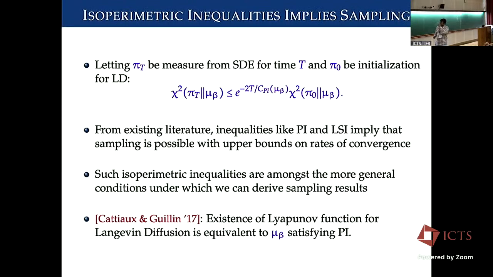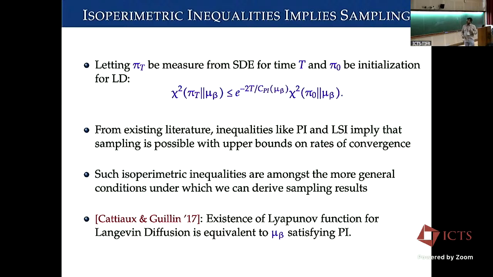And the nice thing is that if your measure satisfies the Poincare inequality, then what we do know is that Langevin dynamics works, meaning that if I run Langevin dynamics from any initial distribution pi naught and go up to time t, giving pi sub t, then the chi-squared divergence with respect to our original measure decays exponentially fast.